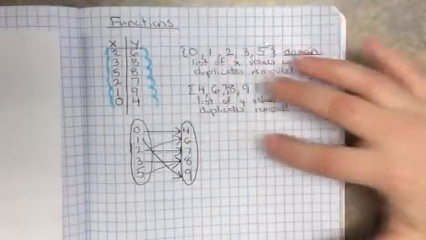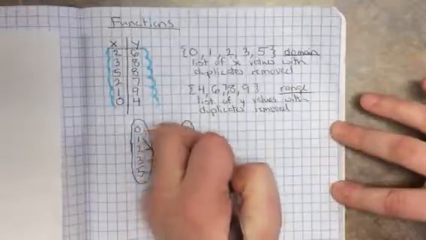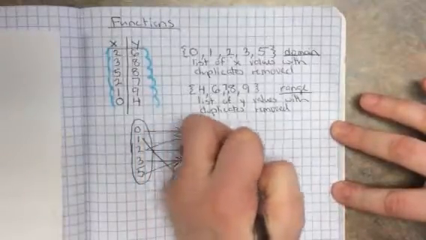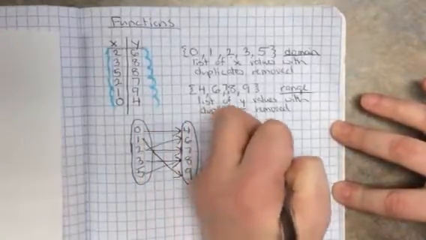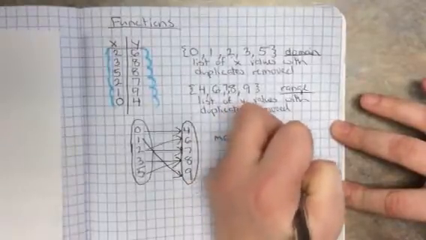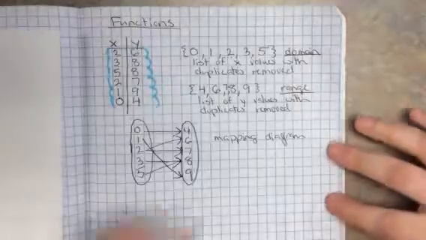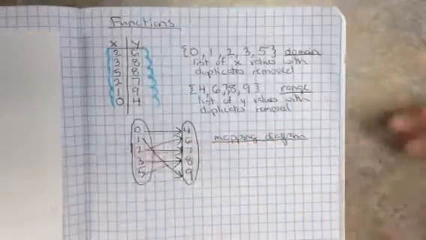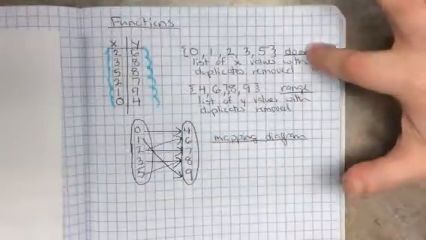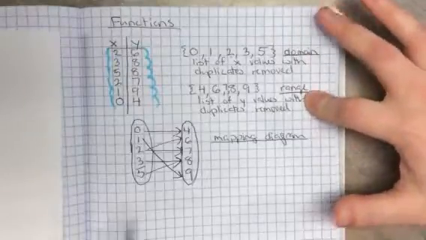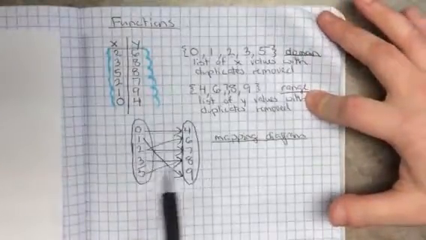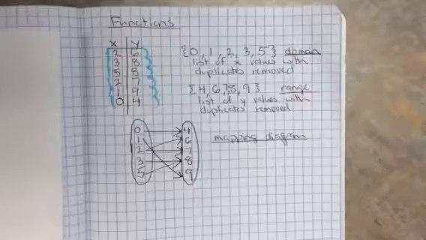So what do we do with this? How does it help? So a mapping diagram, basically what it does is it uses the domain and range to show the different coordinates that are in the data.